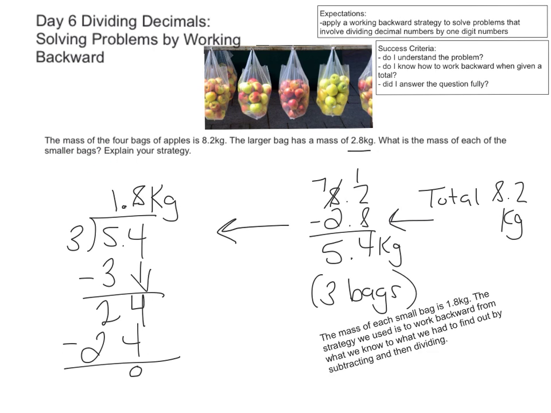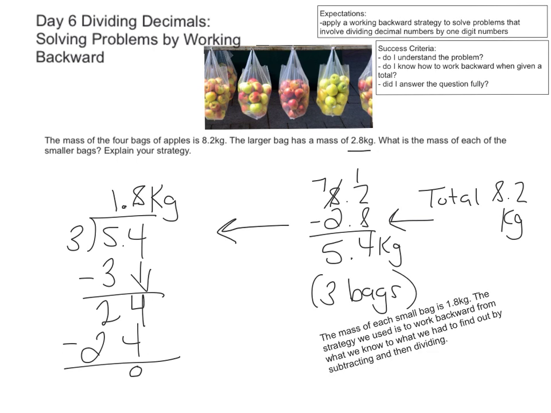So what we had to do was subtract the mass of the large bag from the total mass to get what the total mass is of the 3 bags. And then we had to divide the mass of the 3 bags by 3 to find out what the mass is of one single small bag. And our answer was 1.8.